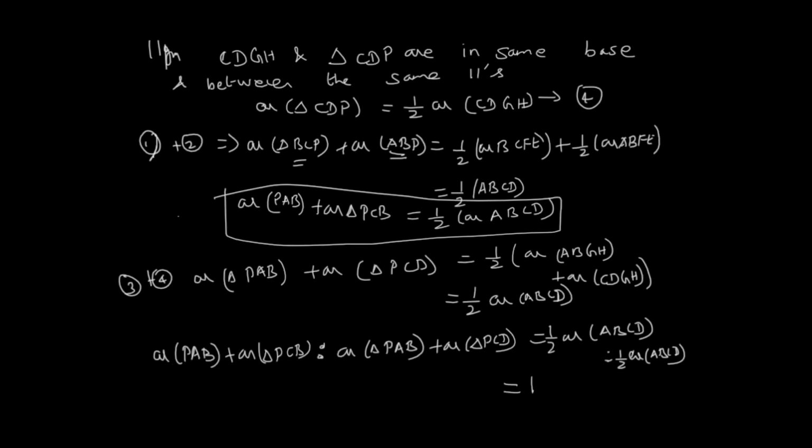So that is nothing but 1:1. So the ratio of the area of the green region and red region is 1:1.